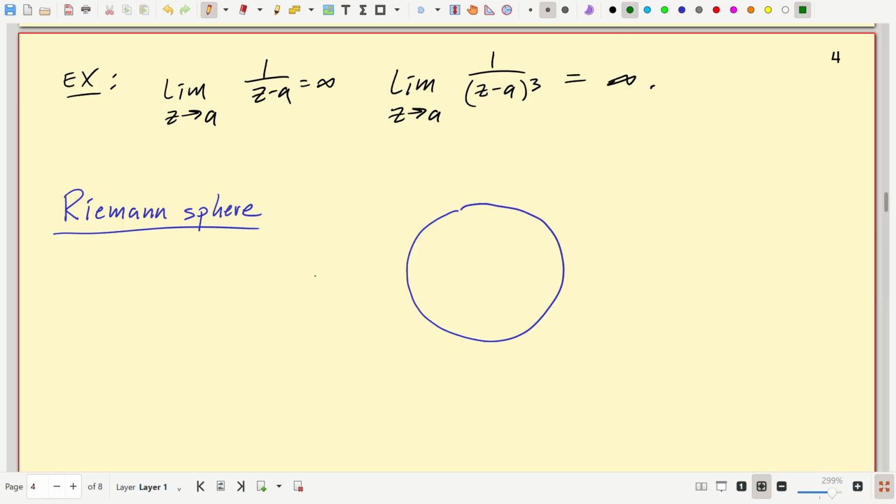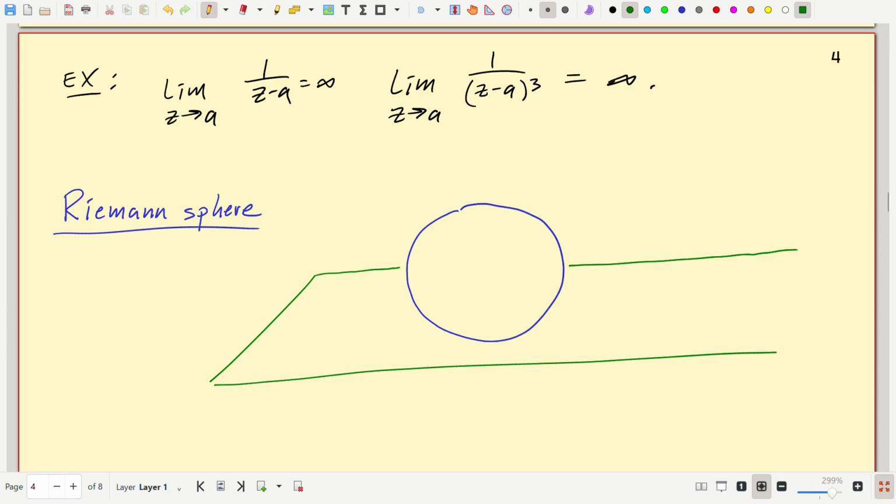So let's see. This is my complex plane, this green thing. And I like my Riemann sphere to be sitting at the origin, like that. And then if it's sitting at the origin, I think of this as the North Pole. And the North Pole is going to correspond to the point at infinity.